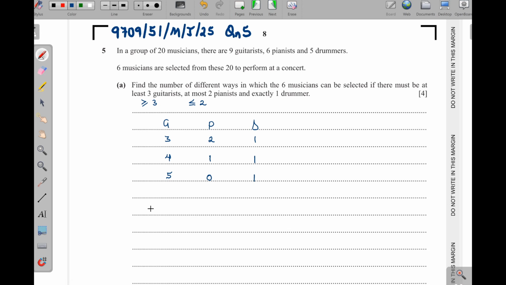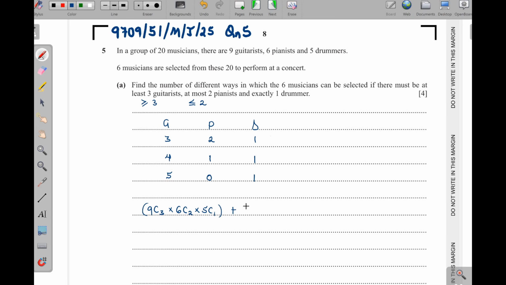So that means we shall say 9 combination 3, because we have 9 guitarists, not so? Then times, so I'm looking at the first one here, 9 combination 3, then times 6 combination 2, then times the drummers are 5 combination 1.